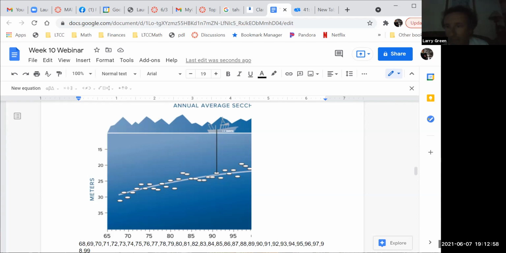It's so far away. If you're nowhere near the data values, then you don't want to use the regression line to predict it. So you only use the regression line to predict events that are not that far from the data.